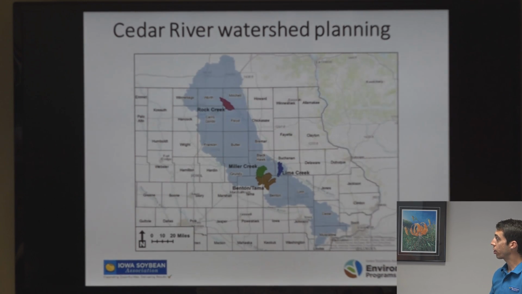And then Lime Creek, just across the Cedar River in southwest Buchanan County, and Rock Creek Watershed up in Mitchell County, which the watershed plan for that was completed in 2014. So that was the first watershed plan in the Cedar River that we've been involved with that has been completed at the HUC 12 scale.